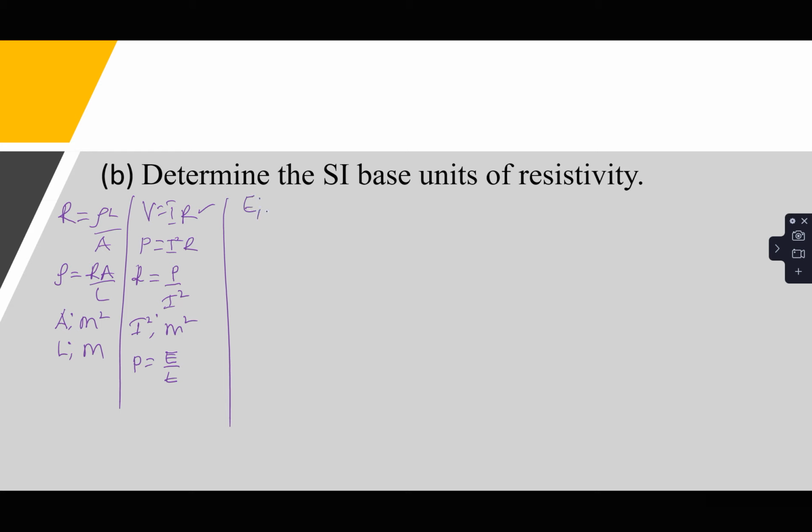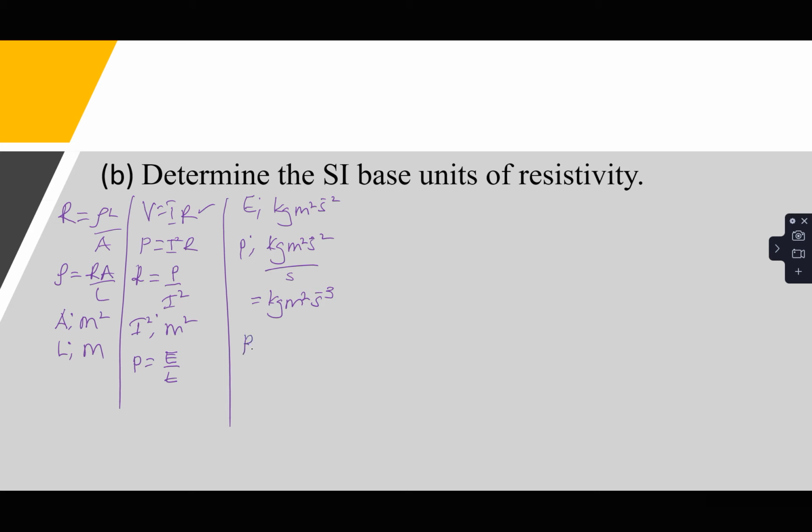The base units of energy are kilogram meters squared per second squared. So the base units of power will be energy, kilogram meters squared per second squared, divided by time, which is seconds, that is seconds power negative 3. That is power.